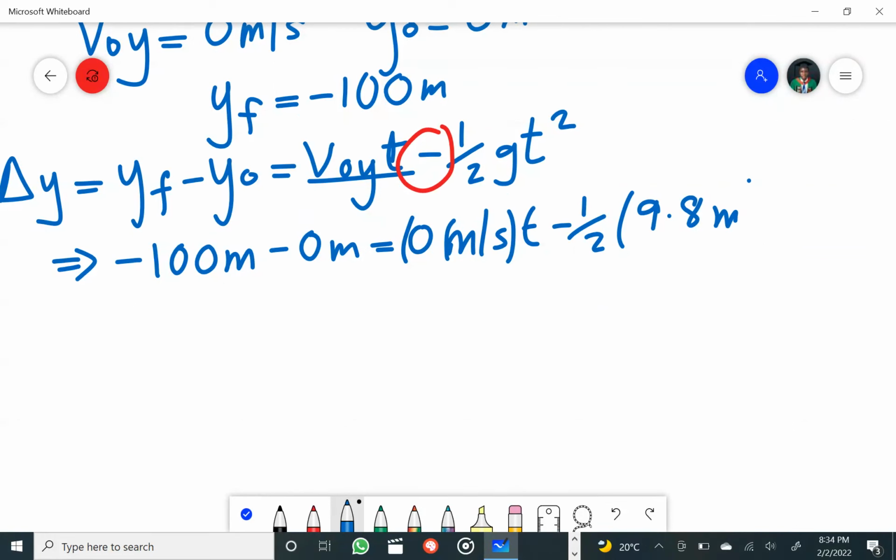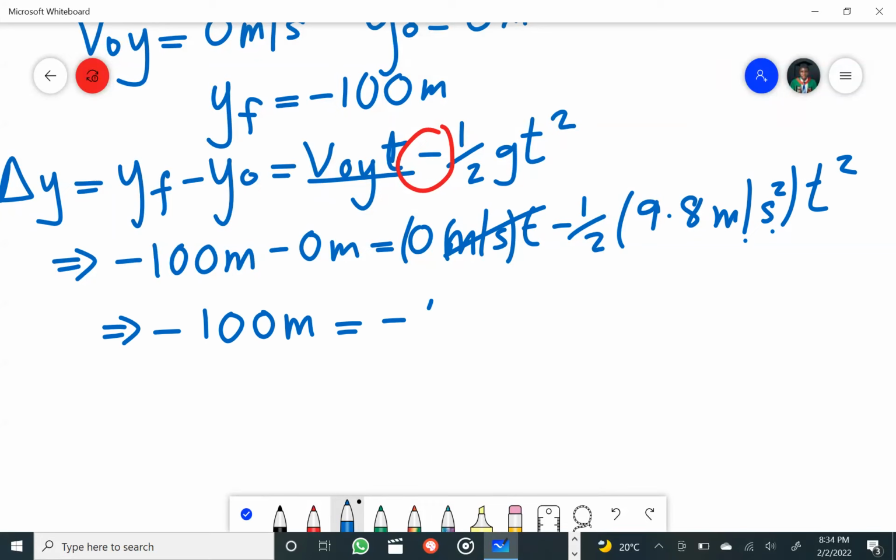So we write this as meters per second squared and time squared. So this is going to be negative 100 meters. This one becomes 0. Then that becomes negative 4.9 meters per second squared, and then time squared.